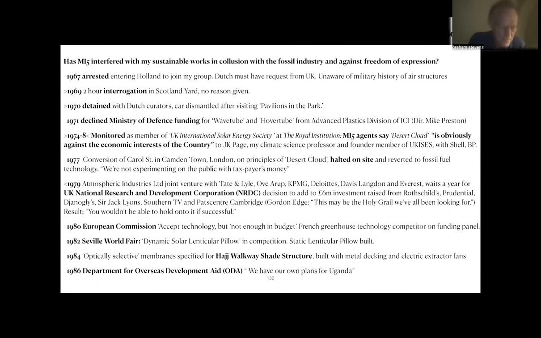He invited his friend Earl Jellicoe, who was head of Tate and Lyle, to develop the first application of Desert Cloud, as we talked about earlier on in section 2.